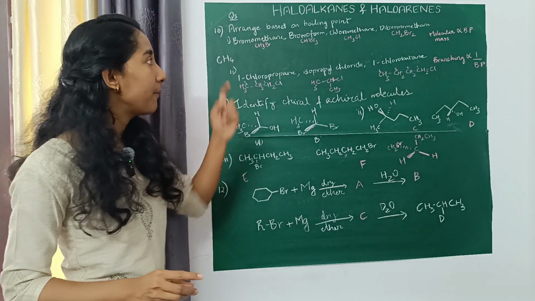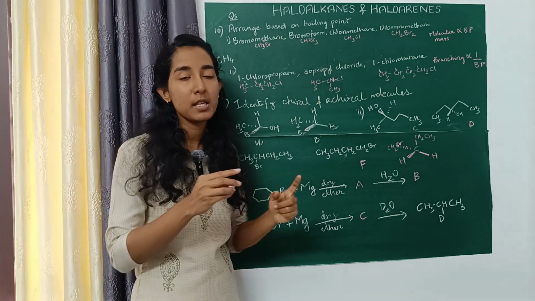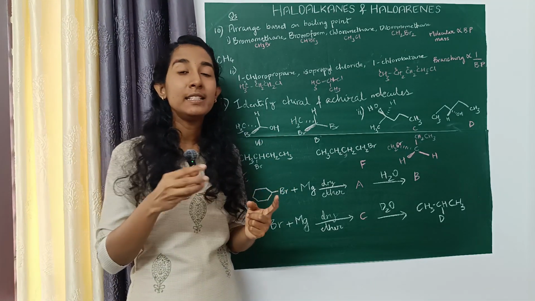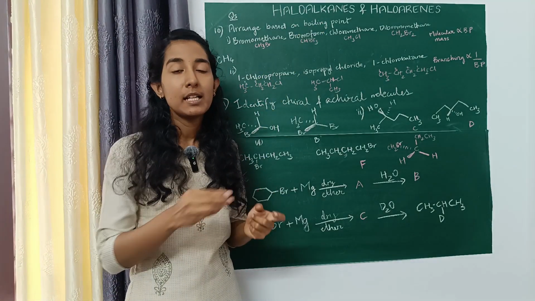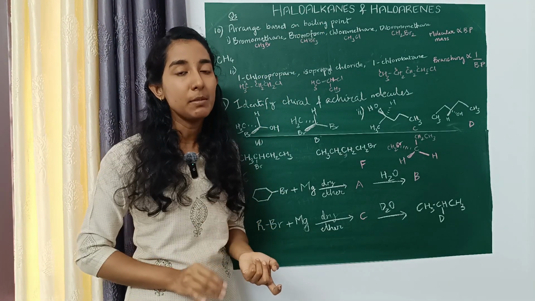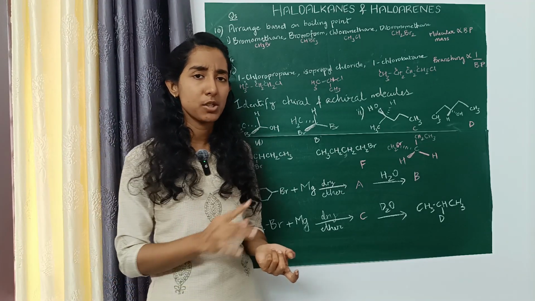Now we need to arrange this set of molecules based on their boiling point. When we talk about boiling point, the intermolecular interactions between the molecules determine it. You have van der Waals forces, hydrogen bonding, dipole-dipole interactions, all these.